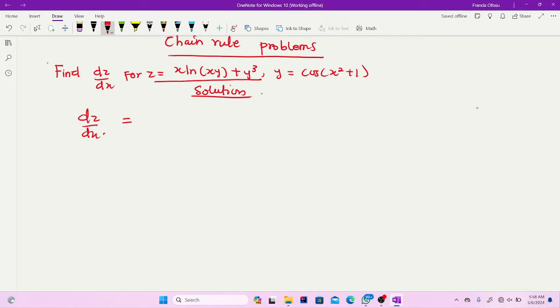For that reason, we are going to differentiate with respect to x, and we will also differentiate with respect to y, because y has x in it. Before you can access the x in y, you need to differentiate y so that the door will be open for y to be accessed. Then you differentiate the y with respect to x.